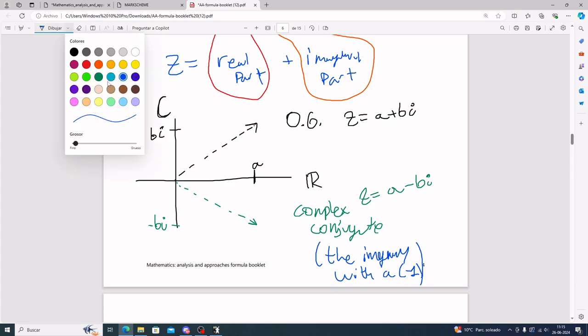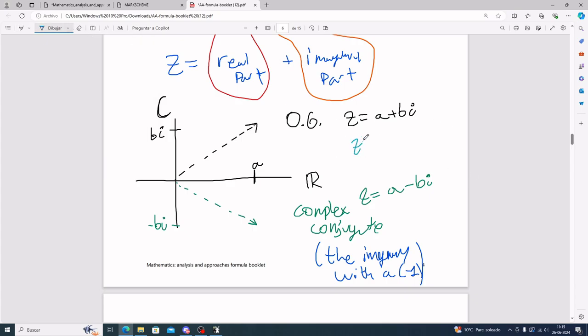And if you ever face an exercise where the original they gave you was a minus bi, well, the complex conjugate is a plus bi, of course, because you're going to be doing minus bi times -1, which gives you that positive bi. I don't want to go too deep into that. This is more of a visual aspect of what the complex conjugate is. Just recall that the complex conjugate is a -1 to the imaginary part, and it's also a root.